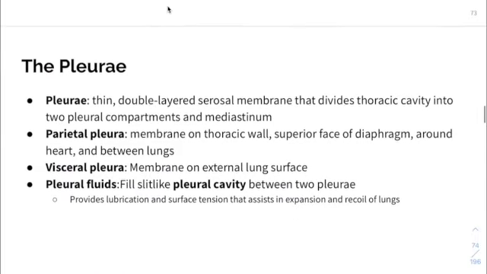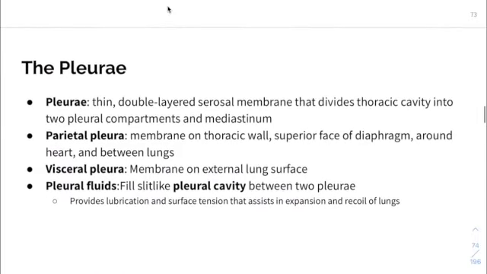So I've showed in that picture, just like every other organ, we have a pleura, which is that double layered serous membrane. We have a parietal pleura. Again, that's what faces the wall, the outside away from the organ. And that visceral is what's on the lungs.